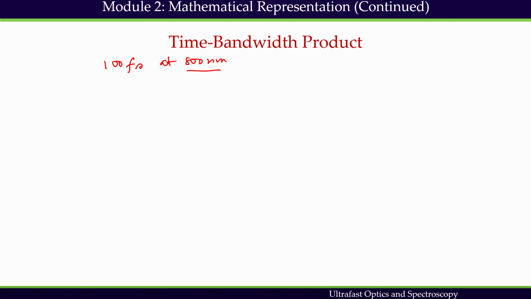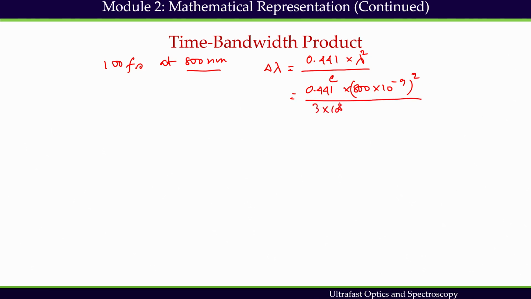So delta lambda one can calculate with the help of that expression, 0.441 multiplied by lambda square divided by c, which is nothing but 0.441 multiplied by (800 multiplied by 10 to the power minus 9) square divided by 3 into 10 to the power 8 meter per second multiplied by delta t, 100 femtosecond, 10 to the power minus 15 second.